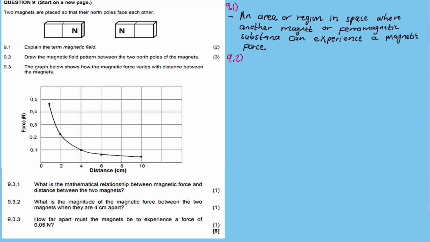9.2 draw the magnetic field pattern between two north poles of a magnet. So now lama magnets wethu similar to this given sketch. Now sifuna ukdraw the magnetic field lines. The magnetic field lines are moving from north to south. The direction of the magnetic field is from north to south.